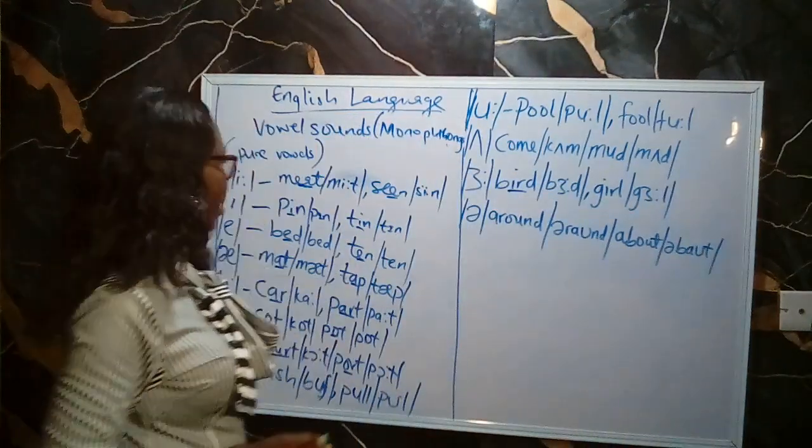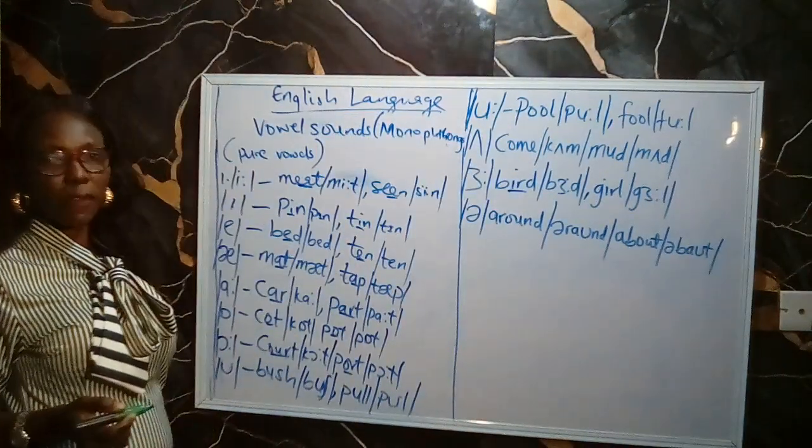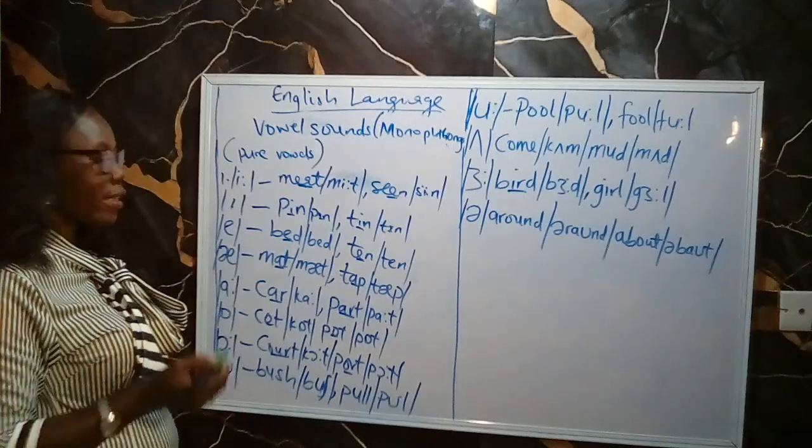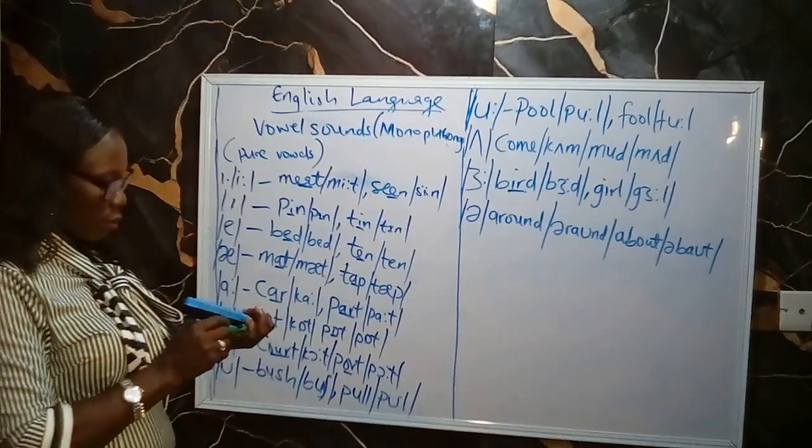So these are the 12 monophthongs or pure vowel sounds. Now we have to take the very first one for today.